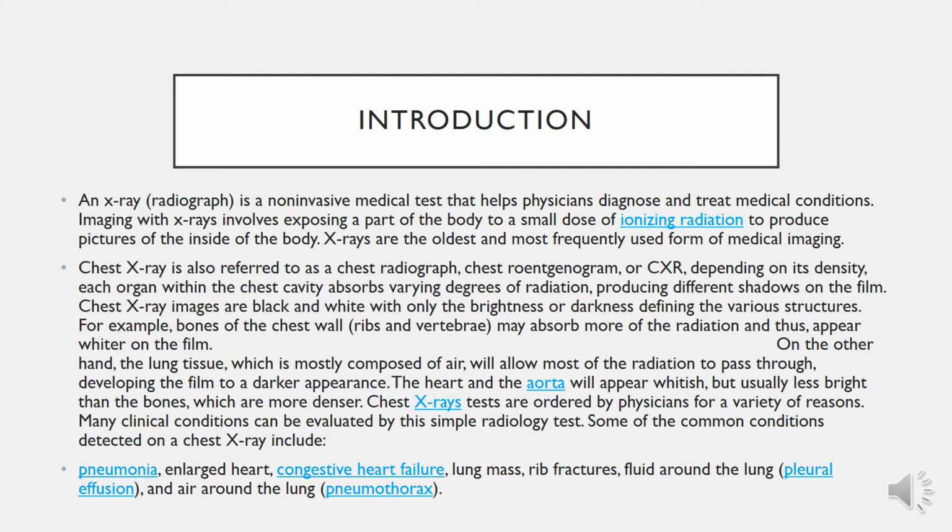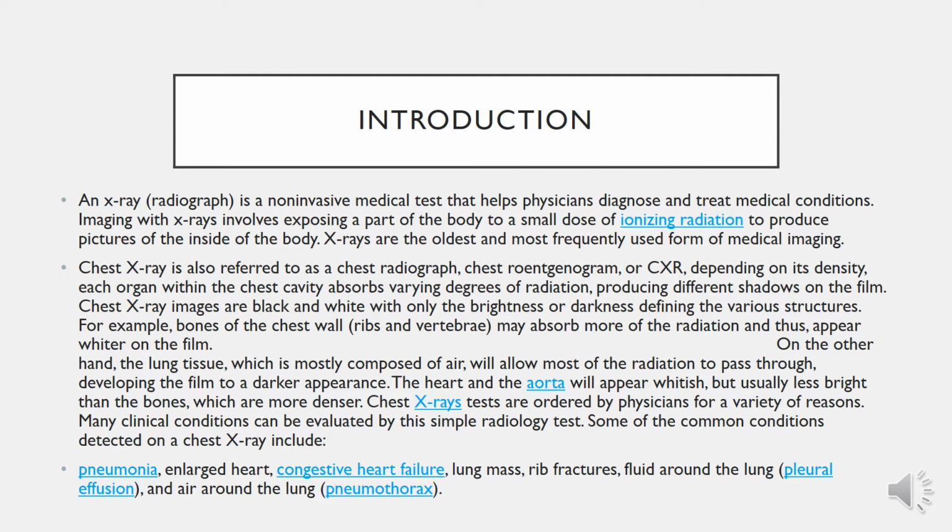On the other hand, the lung tissue, which is mostly composed of air, will allow most of the radiation to pass through, developing the film to a darker appearance. The heart and the aorta will appear whitish, but usually less bright than the bones, which are denser.